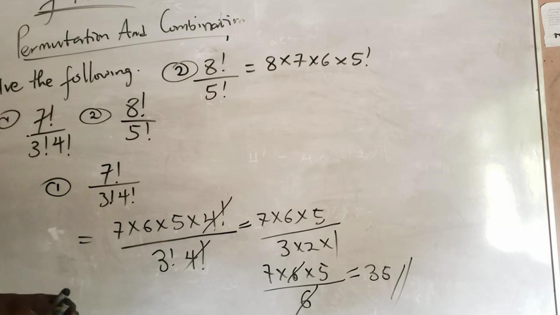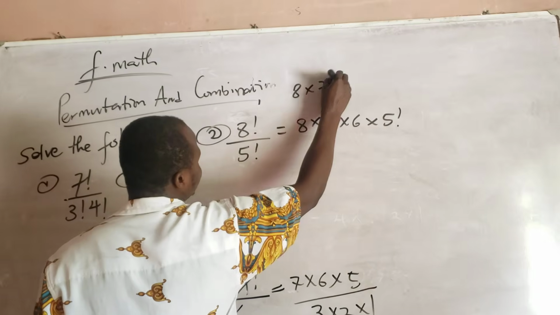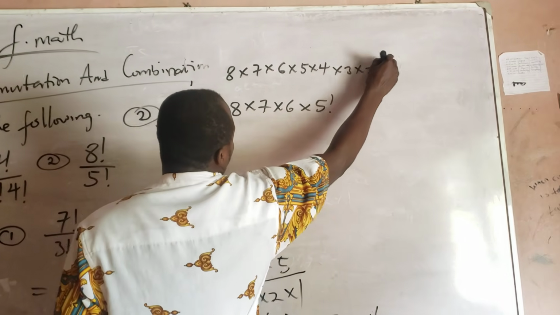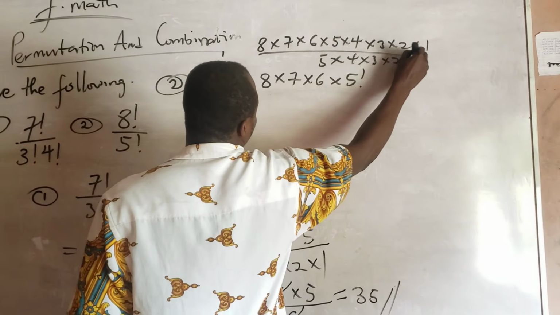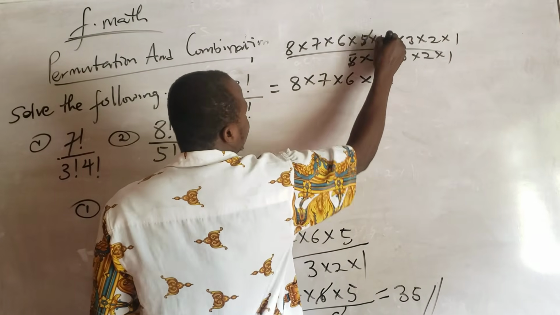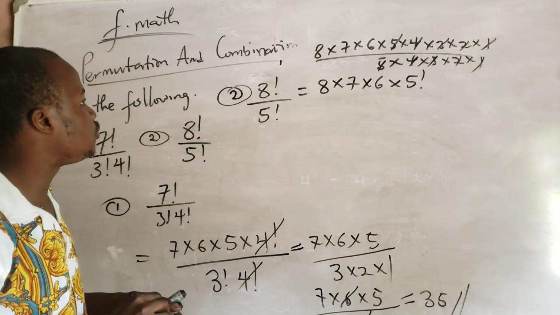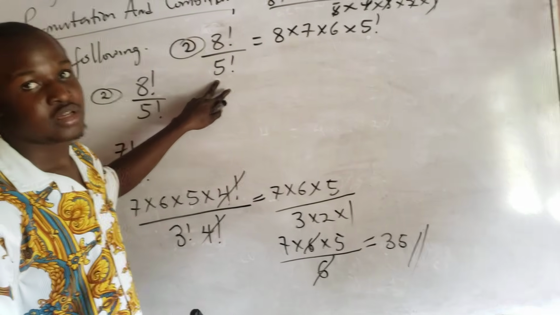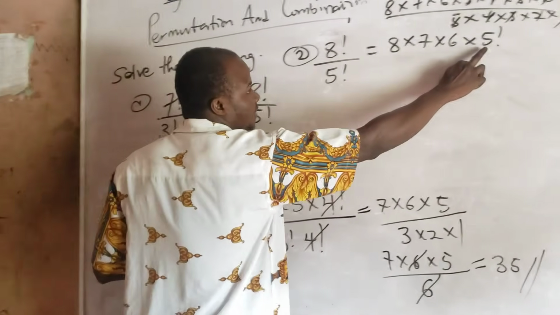Instead of wasting time by writing 8 times 7 times 6 times 5 times 4 times 3 times 2 times 1 over 5 times 4 times 3 times 2 times 1 and cancelling one after the other, why can't we just stop at 5 factorial, since we have 5 factorial here?